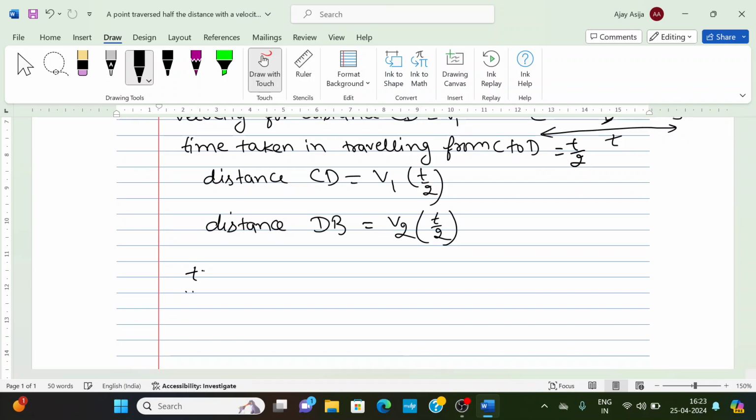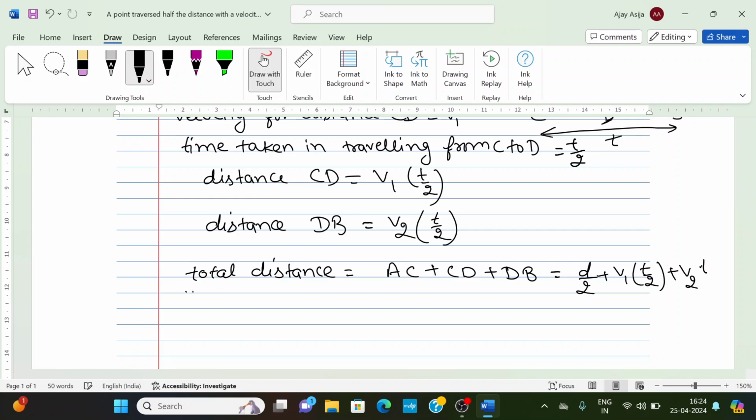Now, the total distance is equal to AC plus CD plus DB. AC is simply D by 2, CD is v1 into T by 2 and DB is v2 into T by 2.